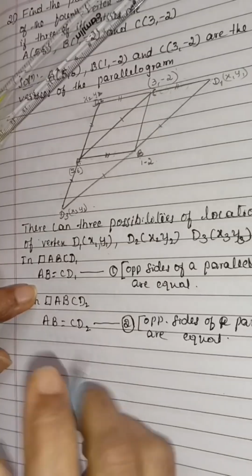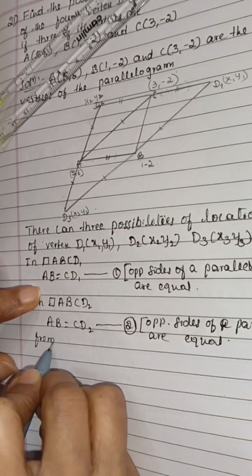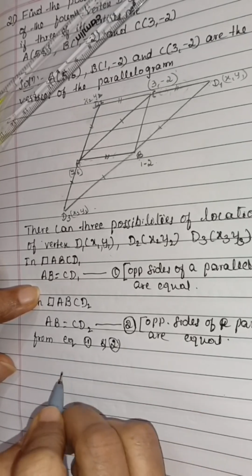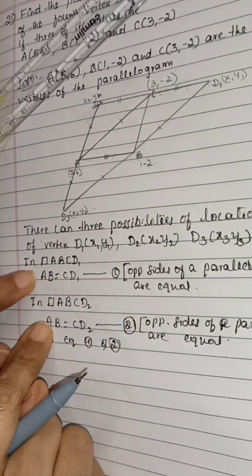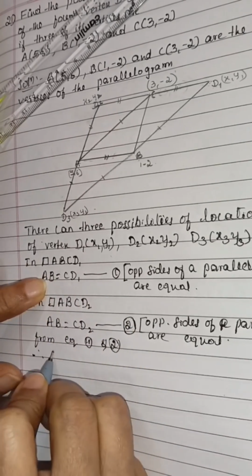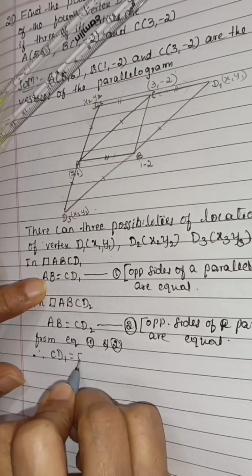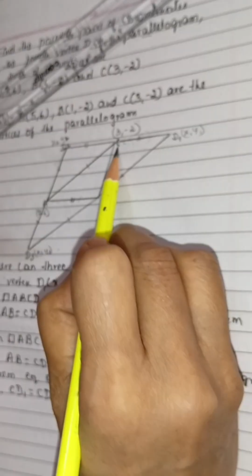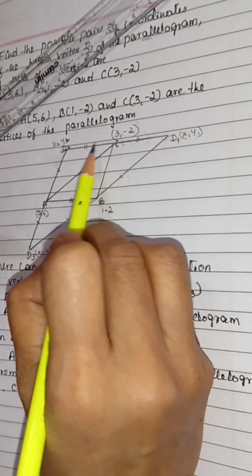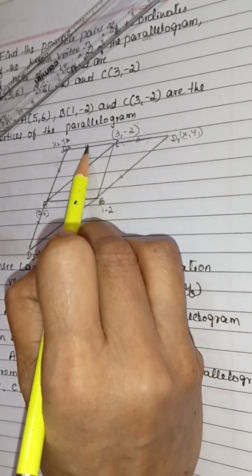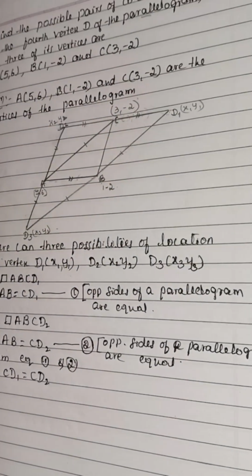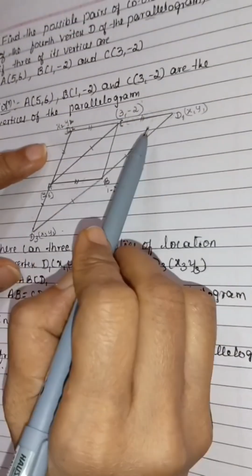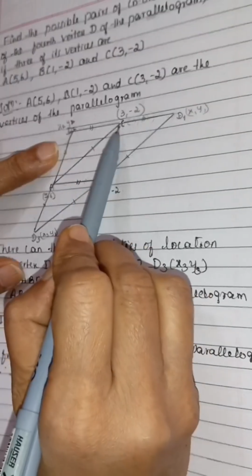Now from equations 1 and 2, the left hand side AB is the same, therefore CD1 equals CD2. See, in this figure, CD1 equals CD2. Now from D1 and D2, C is the midpoint.